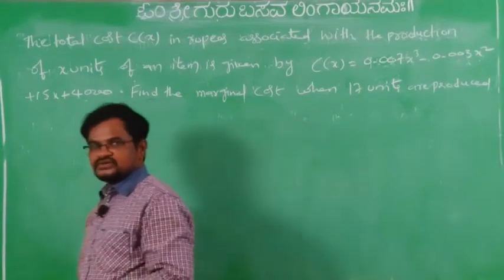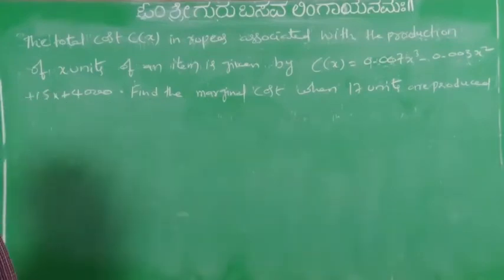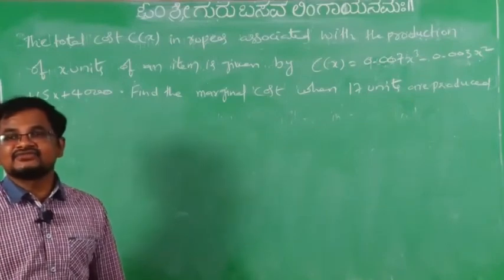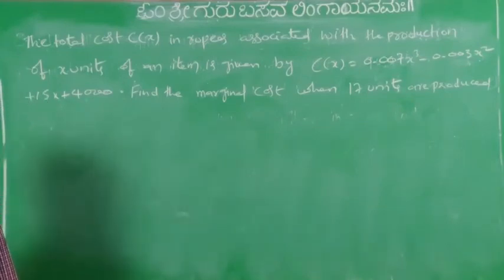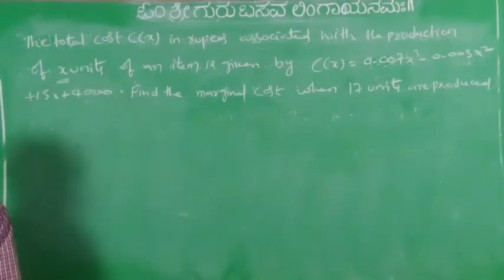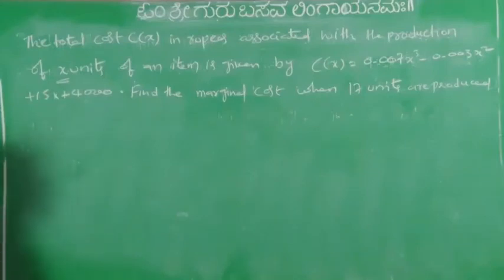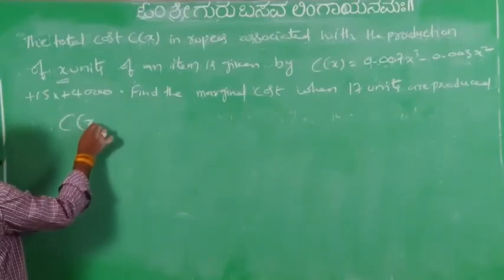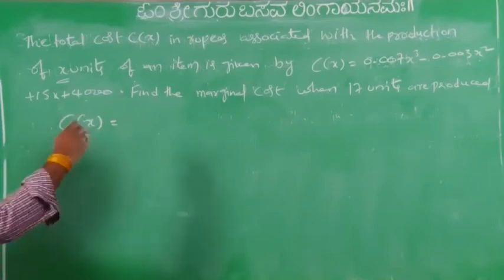17 units are produced. We know that marginal cost is the rate of change of total cost with respect to the output. Output is what? X value. Okay, no? Now, C of X is given. A simple problem, in terms of cost and marginal cost.